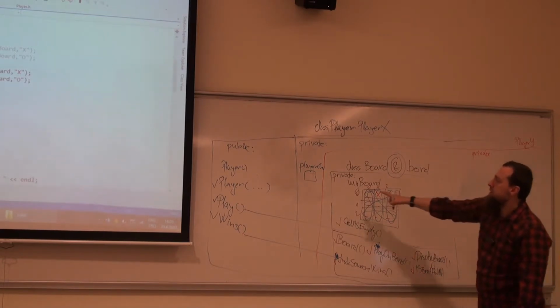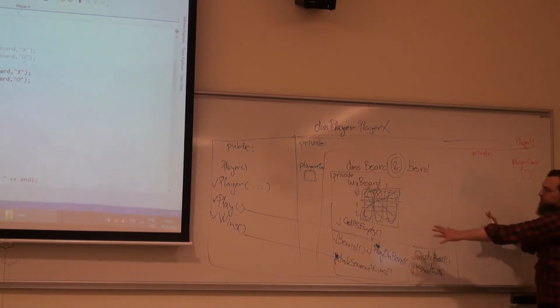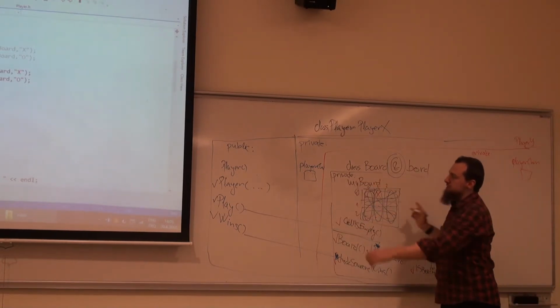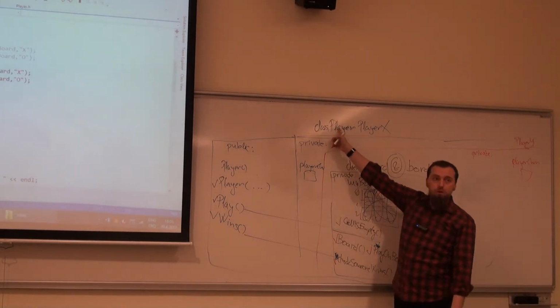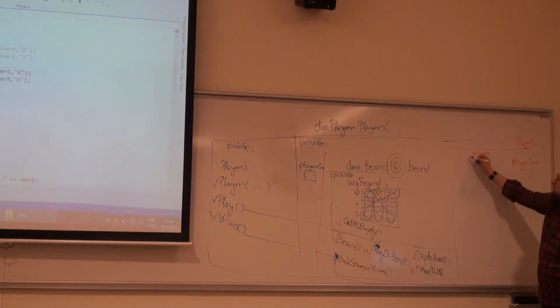Of course, outside those boundaries of player X, we have the player character. So, they see the board, but they don't see anything else. This player character belongs to player X. This player character belongs to player Y. And of course, those are the private parts.